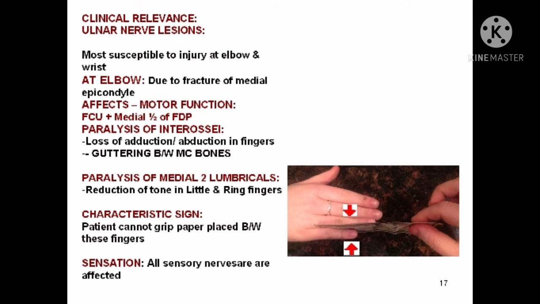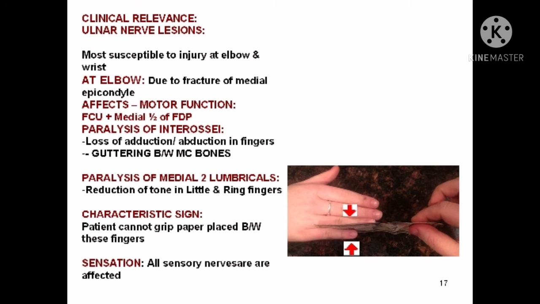Injuries of the ulnar nerve. The ulnar nerve is most susceptible to injury at the elbow and the wrist. At the elbow, a fracture of the medial epicondyle can damage the ulnar nerve. The motor function of the FCU, the medial half of the FDP, and the interossei are lost.